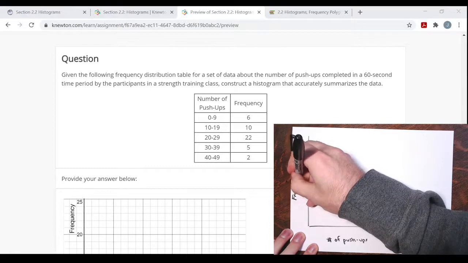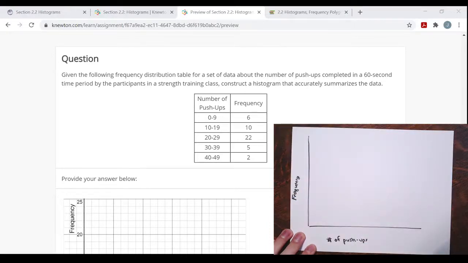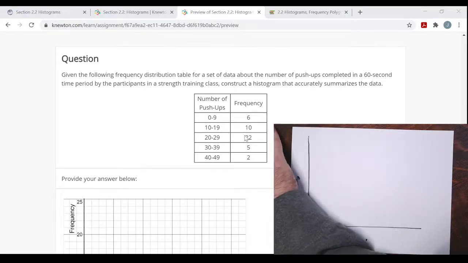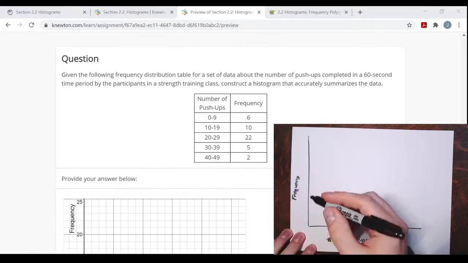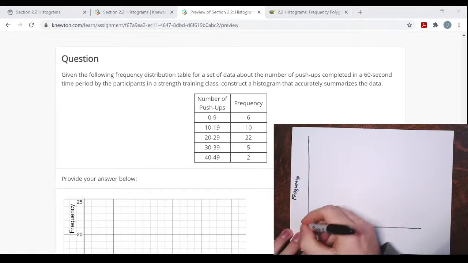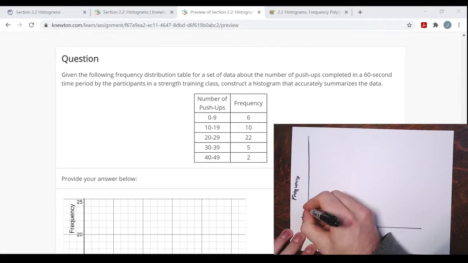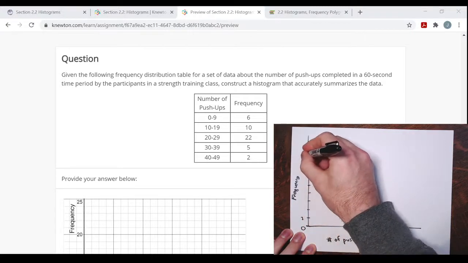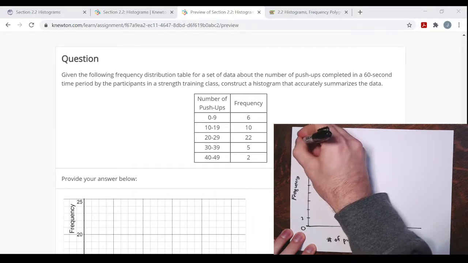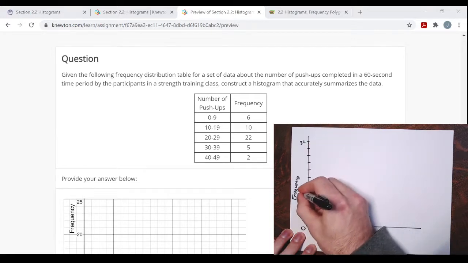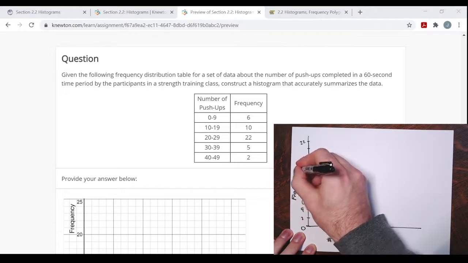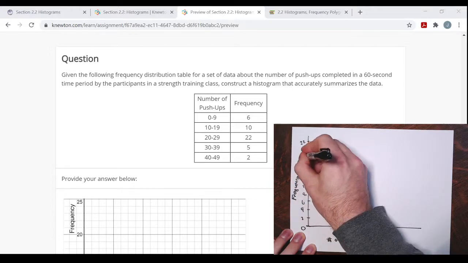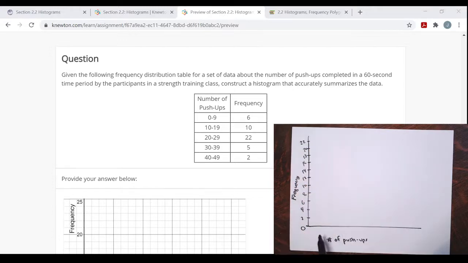All right, frequency. And it looks like the highest frequency in there is 22. So maybe I'll go by 2s: 2, 4, 6, 8, 10, 12, 14, 16, 18, 20, 22. All right, then for the horizontal axis.